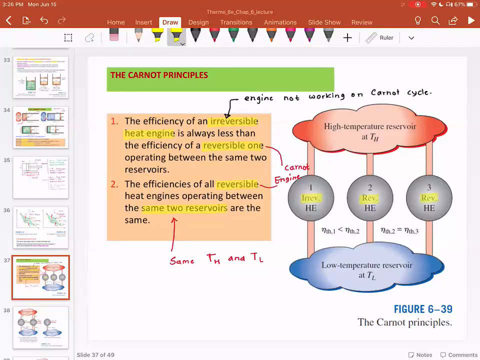You have a third engine which is reversible, operating between the same reservoirs at TH and TL, and the efficiencies of engine 2 and engine 3 are the same. That's what is meant by the Carnot principle.